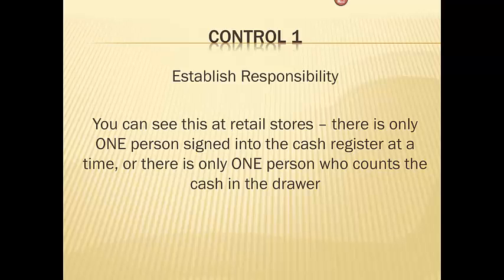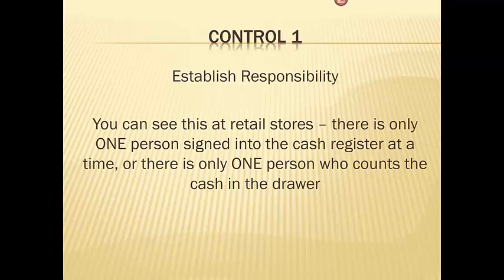Control number 1 is to establish responsibility. And what this means, you can see this often at retail stores. If you go anywhere and buy product today where there's a cash register, if you really pay attention, there's only one person at a time who is signed into the cash register. And there's a reason for that.